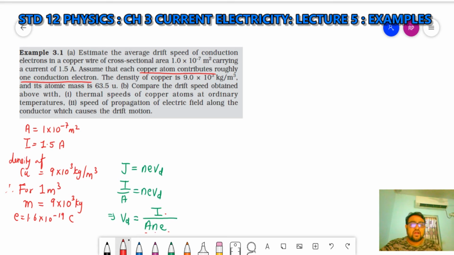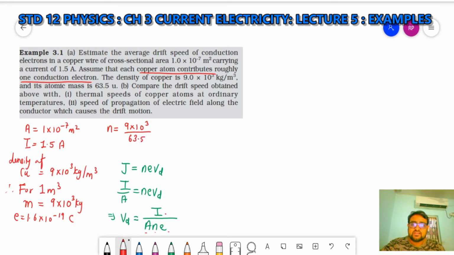So I will find out the number of copper atoms per unit volume. How can I find it out? Number of moles into Avogadro number. So how to find n? Number of moles means mass upon molecular mass. What is the mass? 9 into 10 raised to 3 upon molecular mass 63.5.